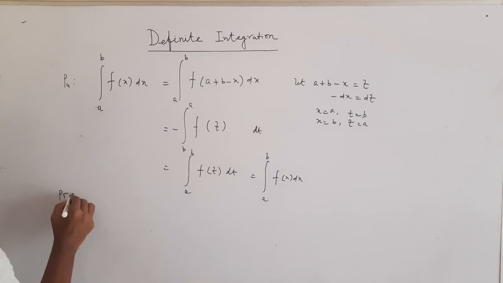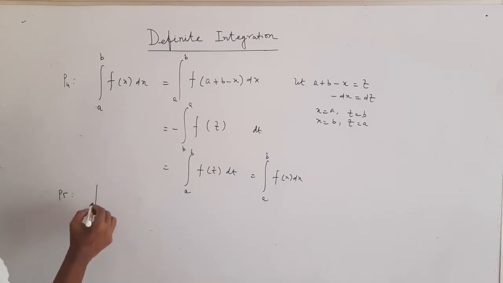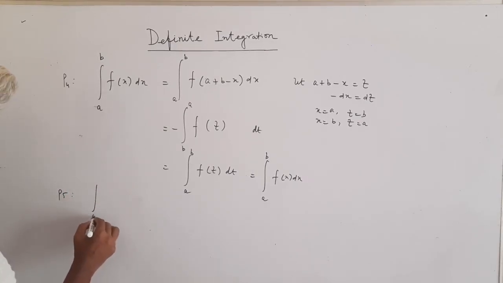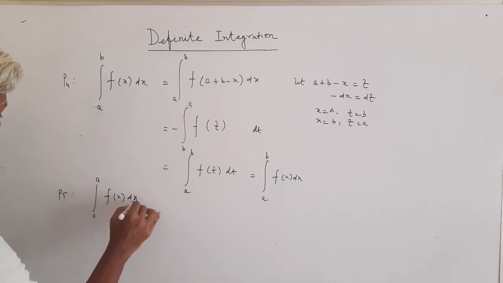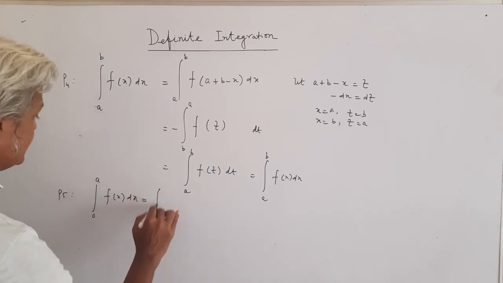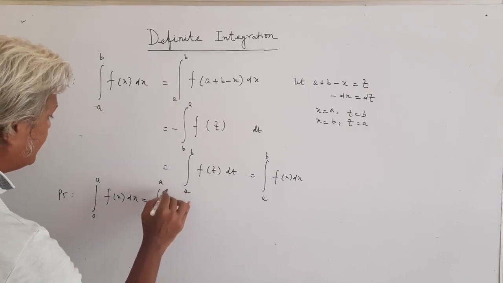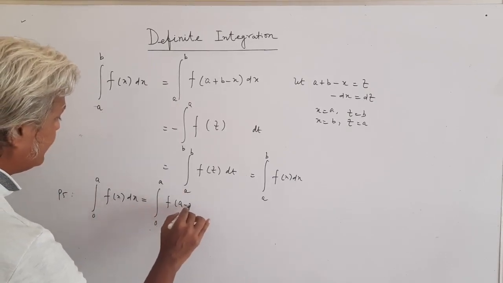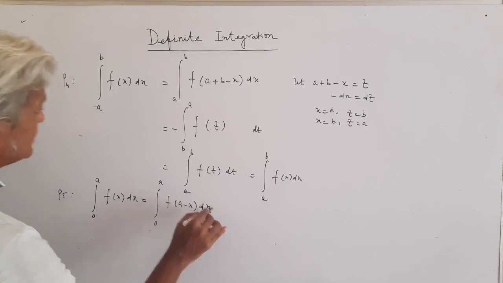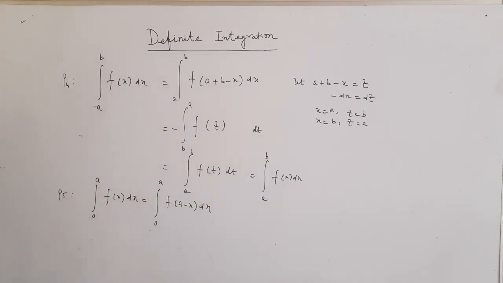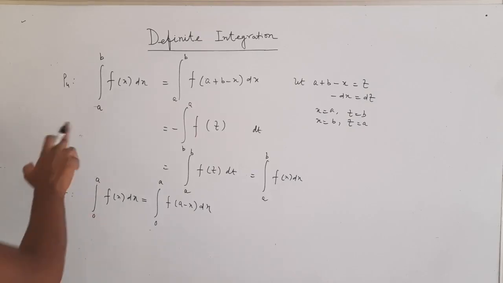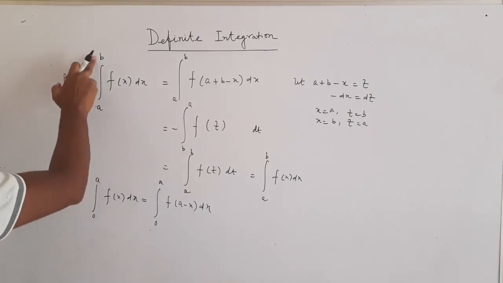Property 5 is based on property 4. It goes like 0 to a f(x) dx is 0 to a f(a minus x) dx. Now in this expression, if you write a as 0 and b as a, you get this.